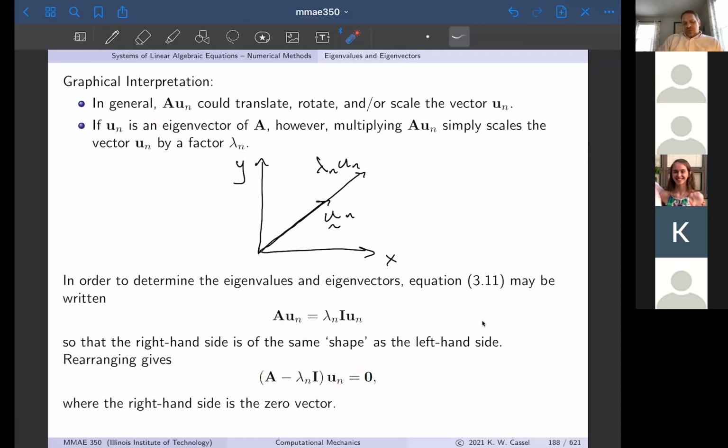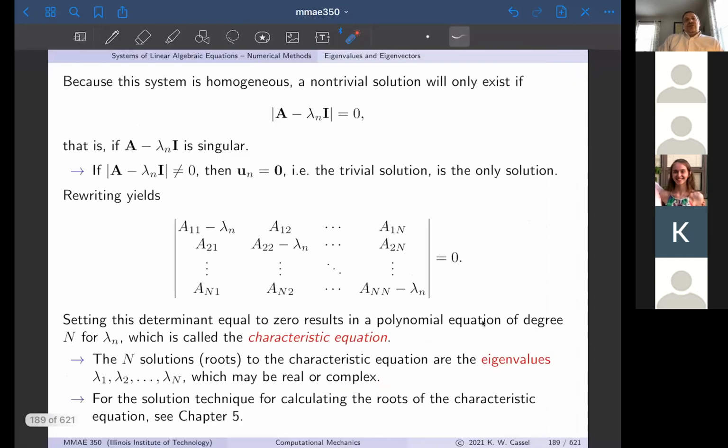So all I've done is rewrite the eigen problem in the form of a system of linear algebraic equations, but you'll notice the right-hand side is 0. So we call that a homogeneous equation because the B, the right-hand side, is 0. So we have a coefficient matrix, A minus lambda I, times the solution vector we're looking for, equal to the right-hand side vector, which in this case is now 0.